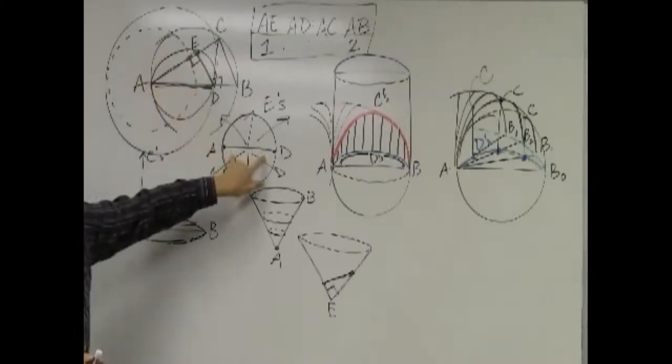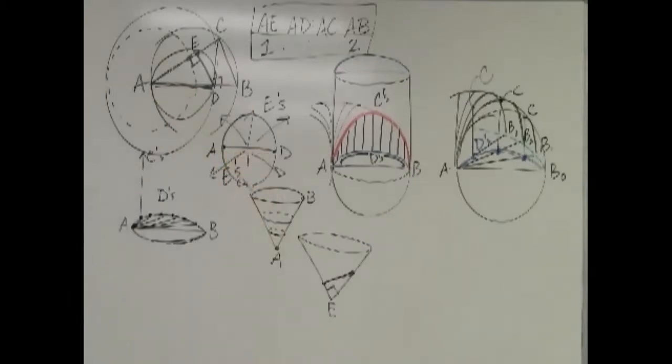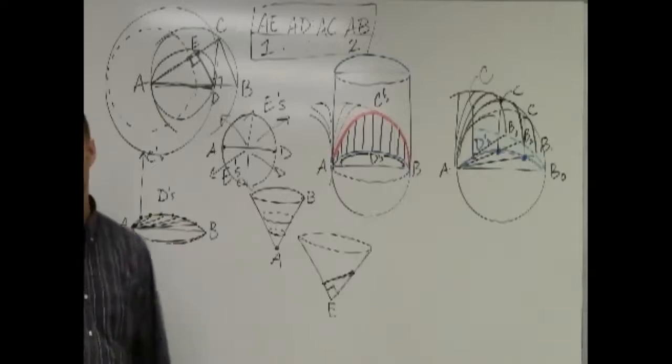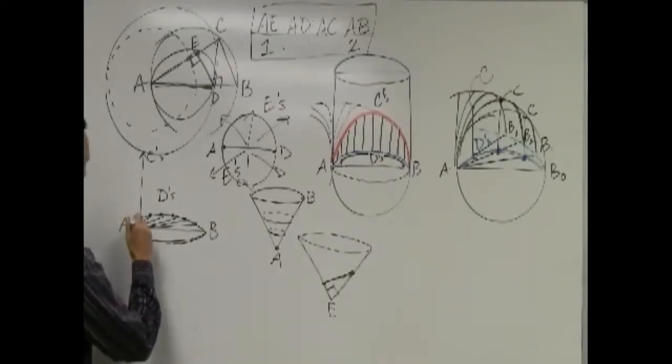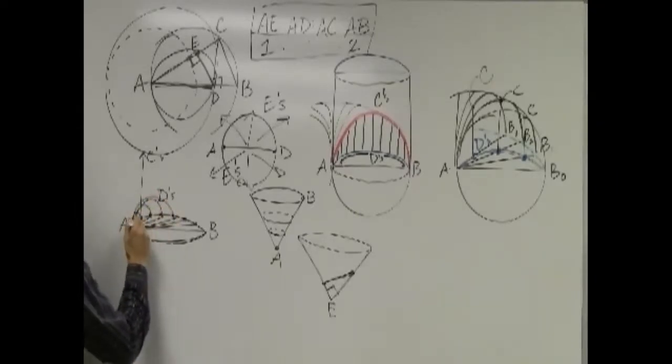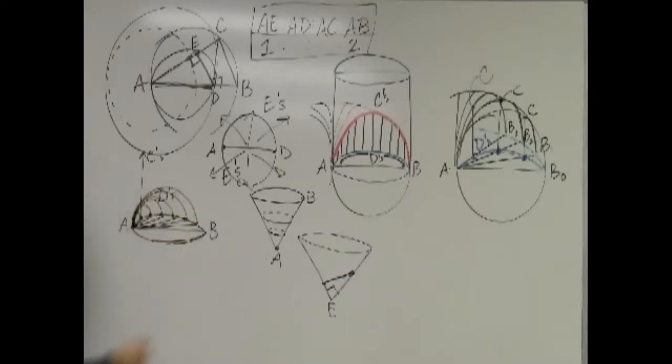If I'm given a multiple set of ADs, which is what I've drawn here, a set of possible ADs, then I know that the surface upon which those fall is going to be the total set of circles that are subtending those diameters.